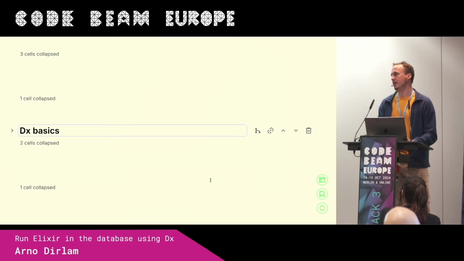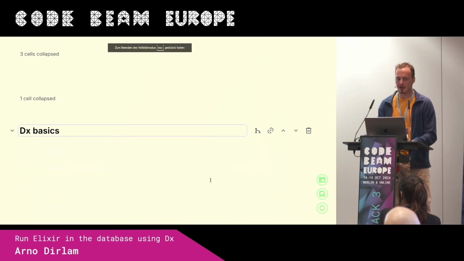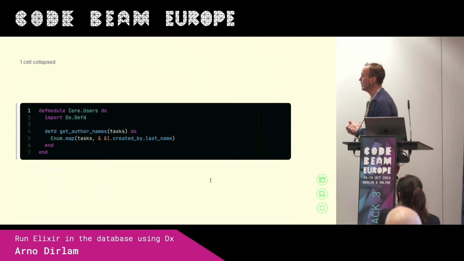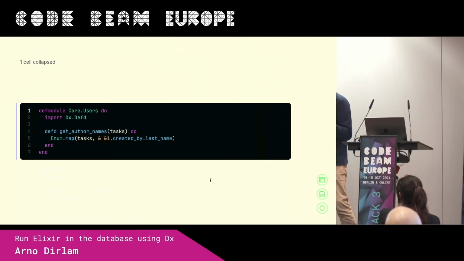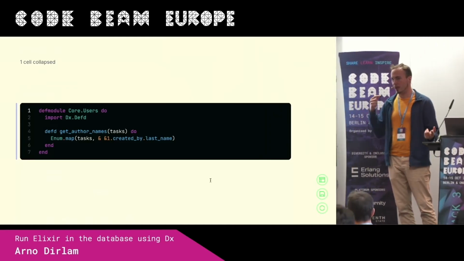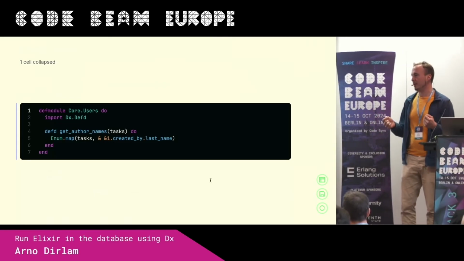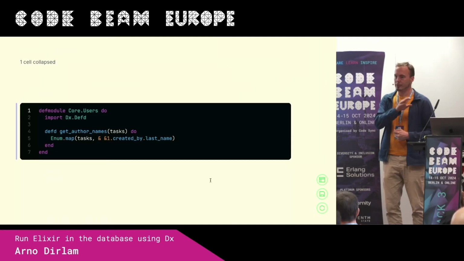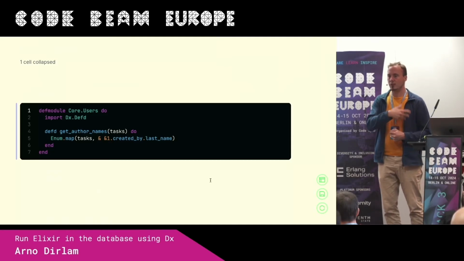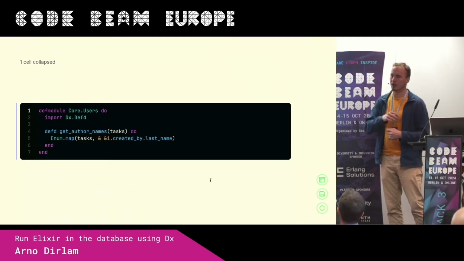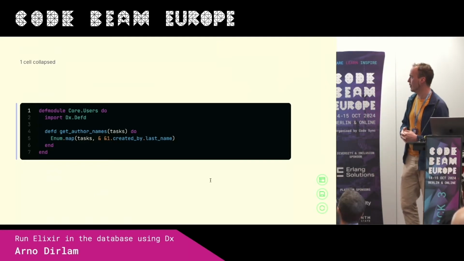So what does it mean when you use DX? You define functions using defd. And within your defd functions, you can treat all the data as if it's already preloaded. You don't have to think about whether it is preloaded or not. And DX will handle loading all the data as needed, when it's needed, in an efficient way, with batching and concurrently.